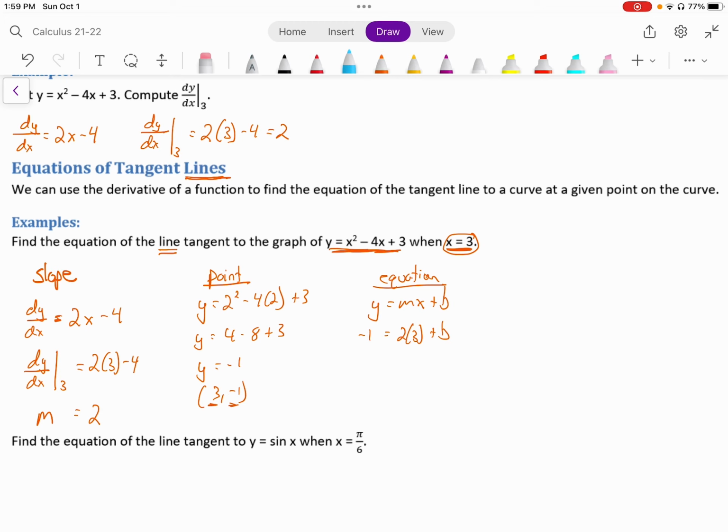So we can subtract 6 from both sides, and we get b is negative 7, and so the equation of the line is y equals the slope 2x minus 7. So there's the equation of the tangent line to this parabola right here when x equals 3.